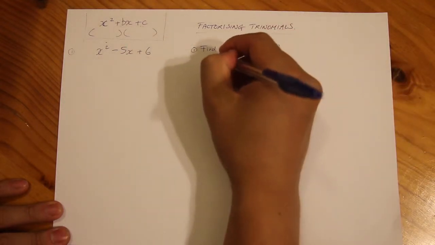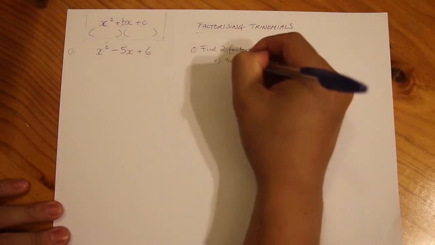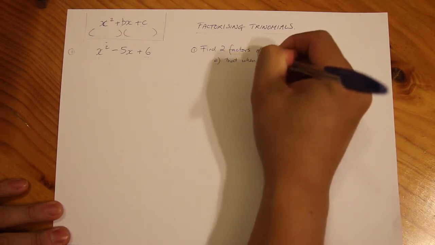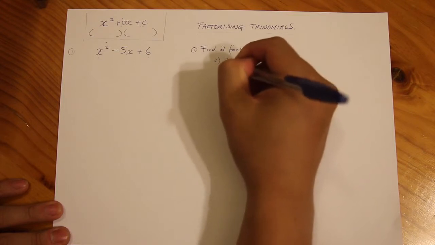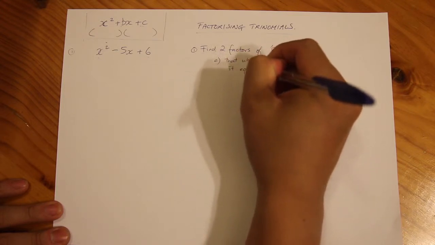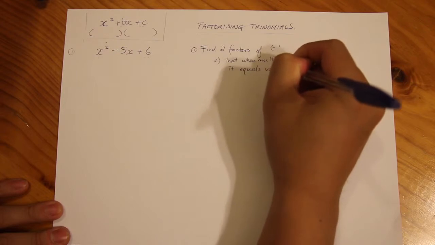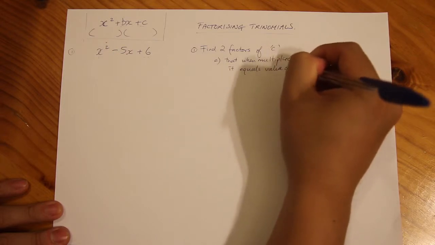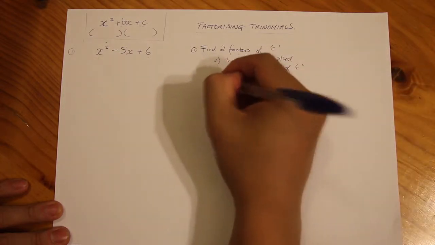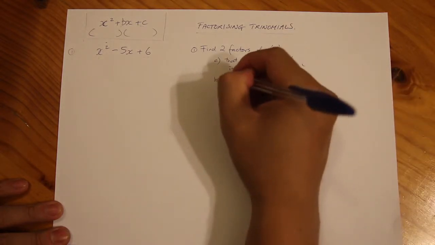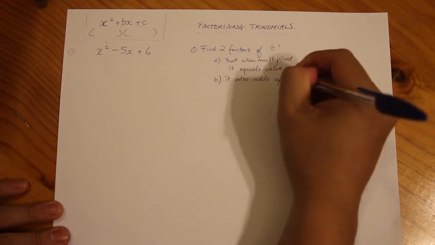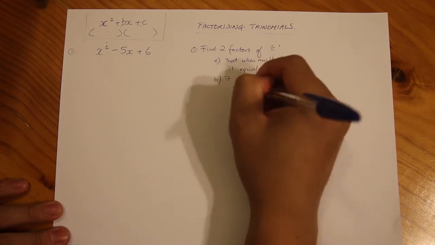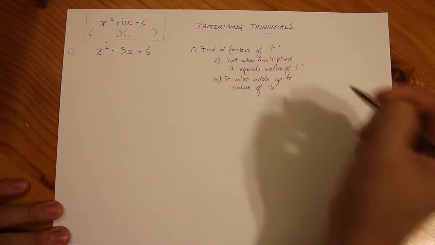First, a, when multiplied it equals the value of c, and b, that it also adds up to the value of b.